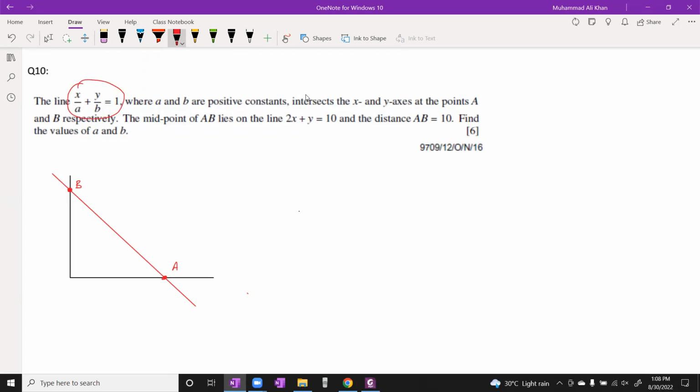x over a, yes, mister. x over a plus y over b equals to 1. अब जरा देखते जाइए आप लोग, अगर मुझे A के कोऑर्डिनेट्स निकालने हो तो y 0 हो जाएगा, और अगर मुझे B के कोऑर्डिनेट्स निकालने हो तो x 0 हो जाएगा। ऐसा ही है। In this line, if y is 0, then x is a.